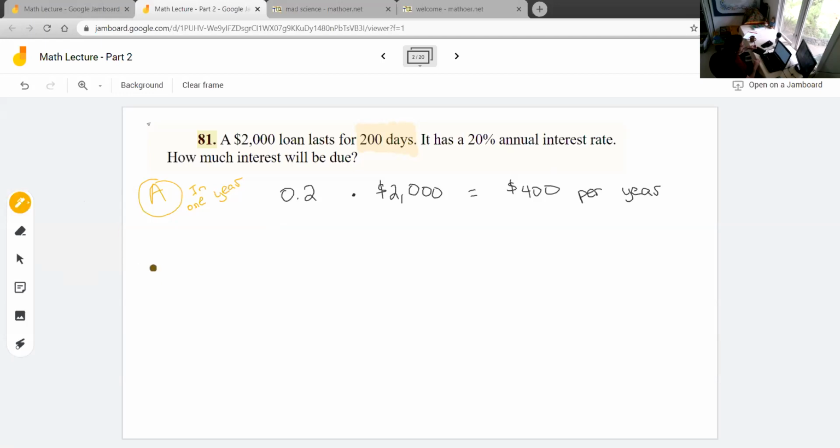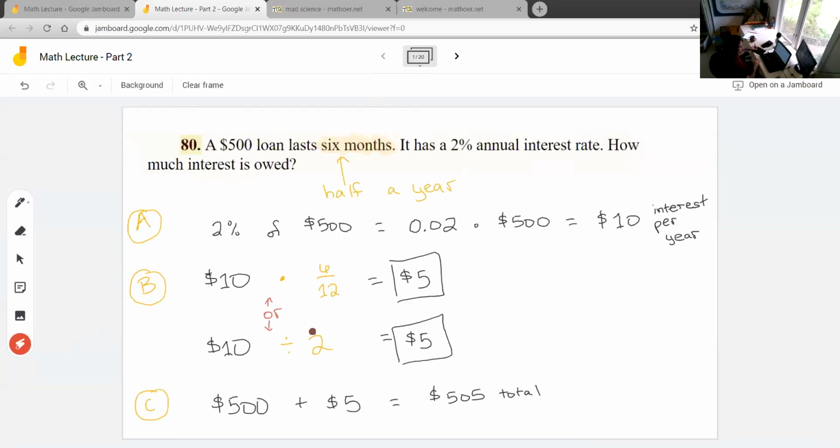Part B, what's our actual time frame? We don't have to pay all $400 of interest, thankfully. We stopped our loan early before the year happened. In this case, the division style isn't going to work very well.